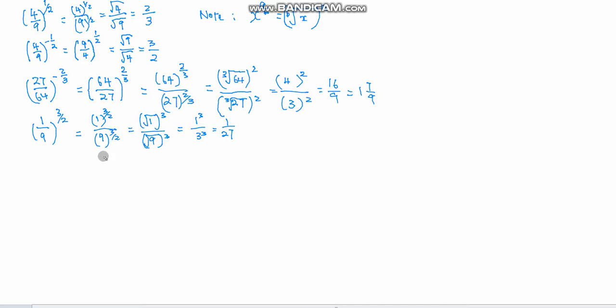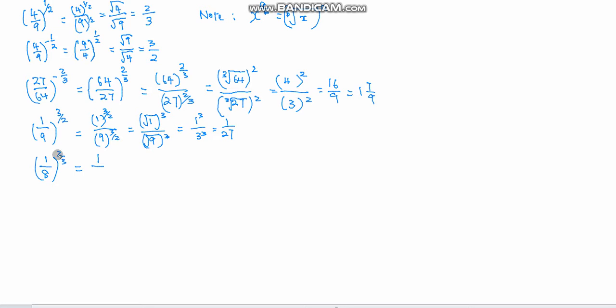Okay, so basically what it's saying is, let's say you have 1 over 8 to the power of 2 over 3. Straight away you split the fraction: 1 to the power of 2 over 3. Immediately you write 1.